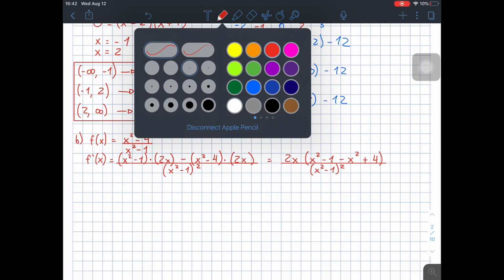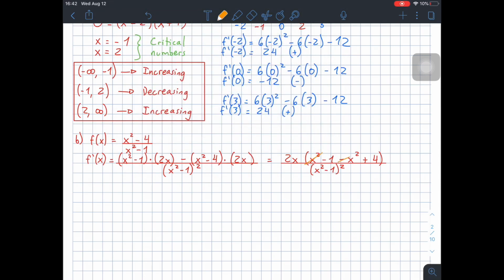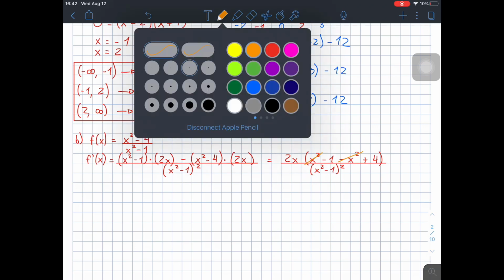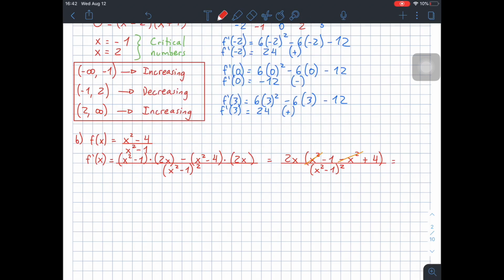So I see that, for example, x squared eliminates with x squared, and I get a 3 here inside the parentheses. So 3 times 2x, that's 6x divided by x squared minus 1 squared. And this would be the first derivative of this function.